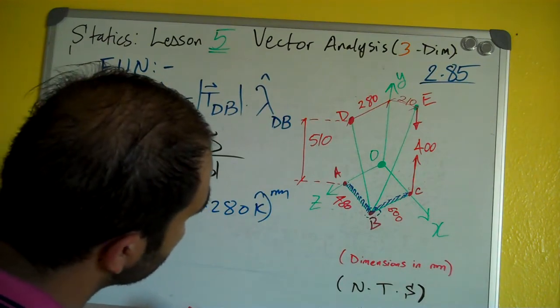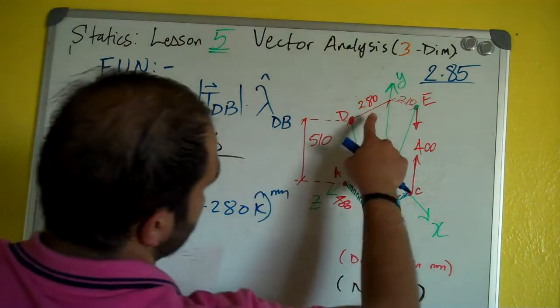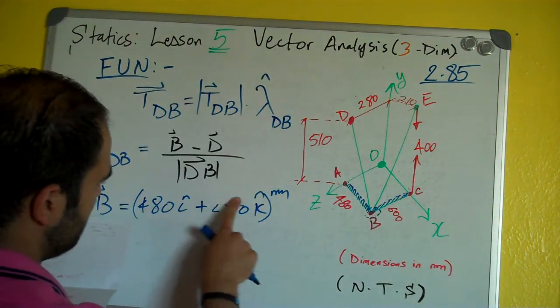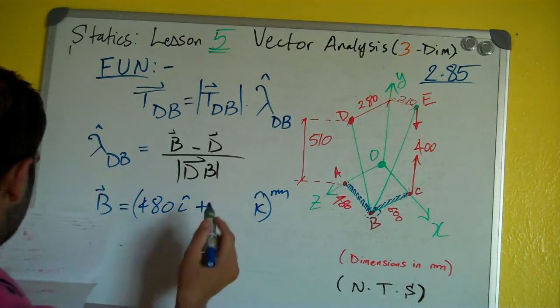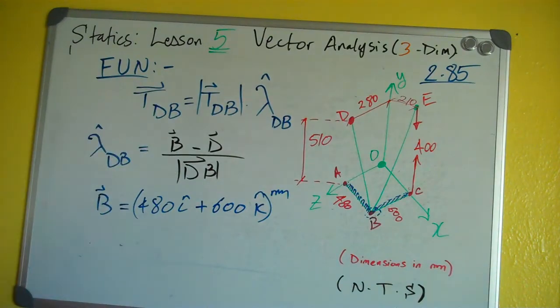Oh, it's not this, it's this, sorry. So it has to be 600. This is for D. See, that's easy.